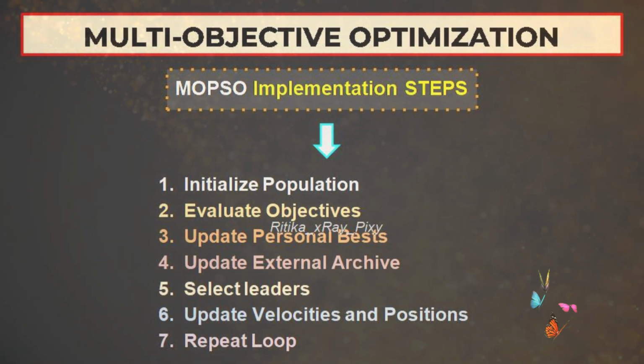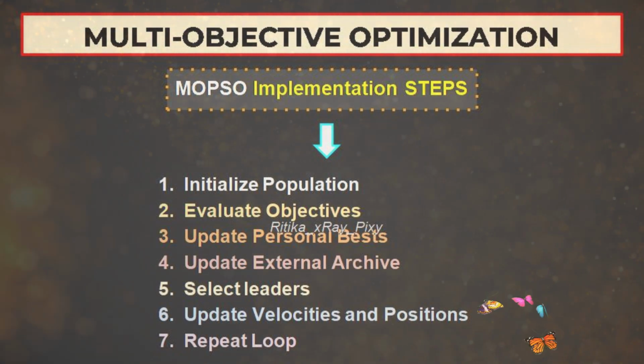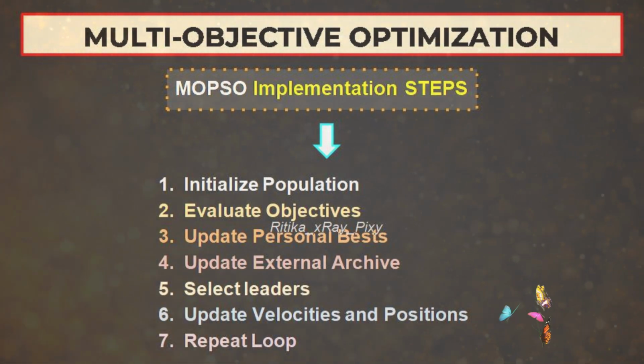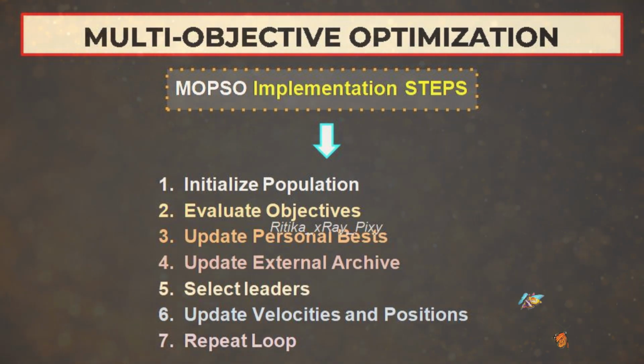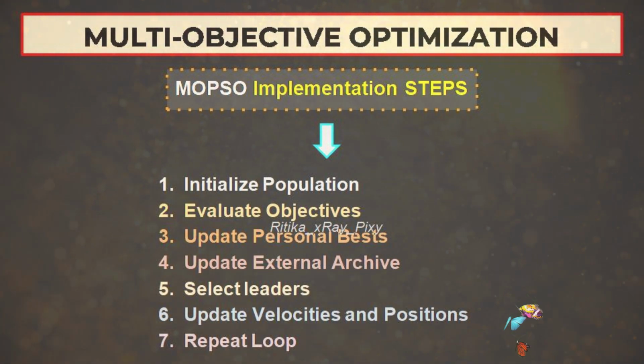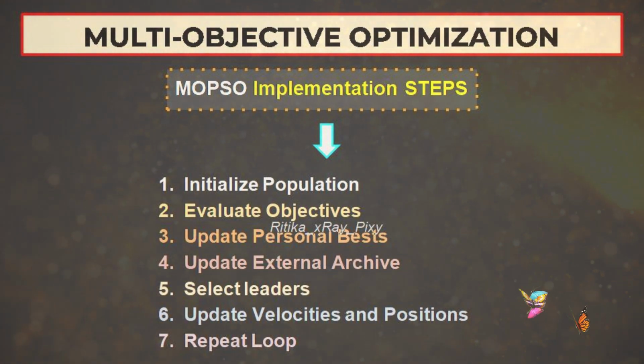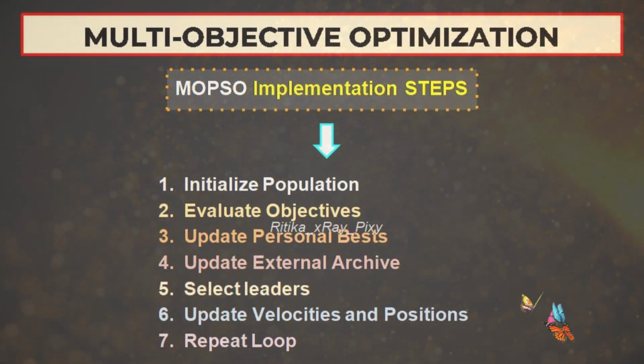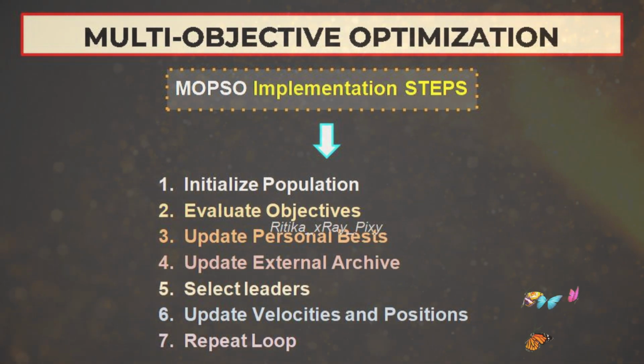So here you can see we modify the PSO algorithm for multi-objective optimization problems. So like that, you can do further modifications in this algorithm. If you are working on any multi-objective optimization problem, you can modify accordingly and define your objective function and others.